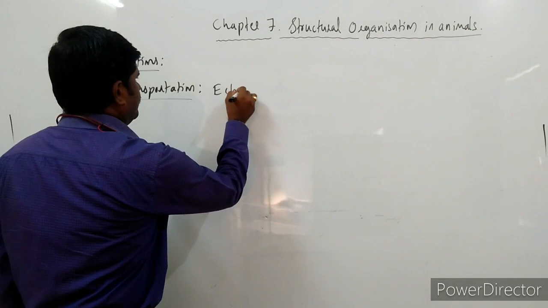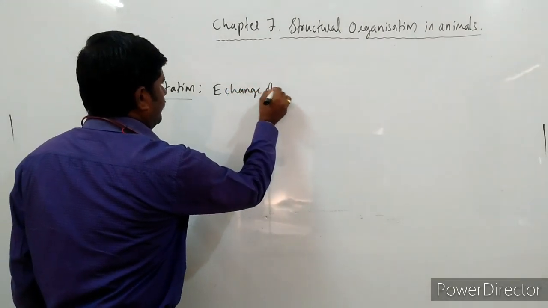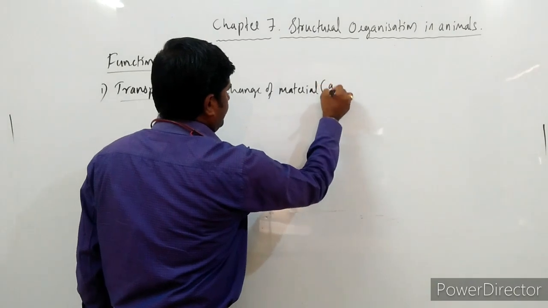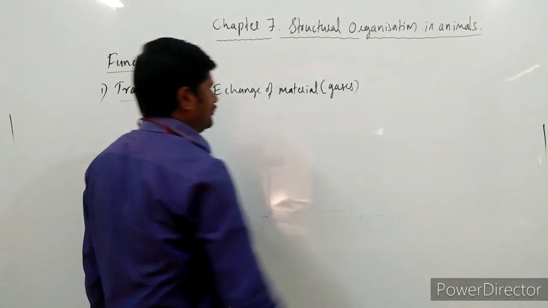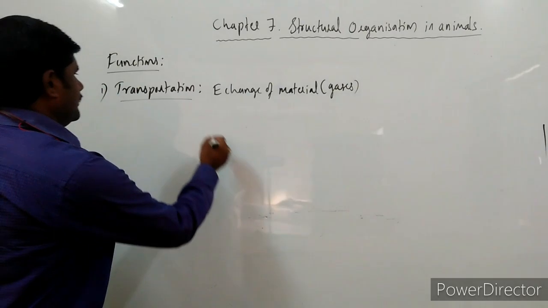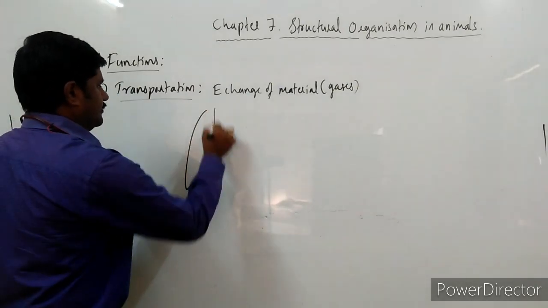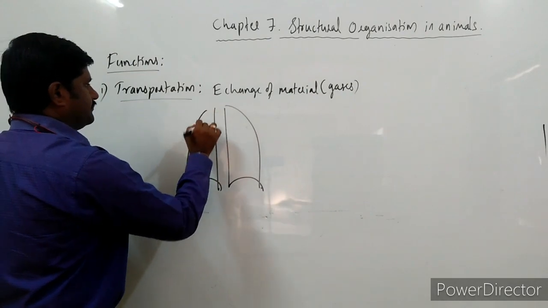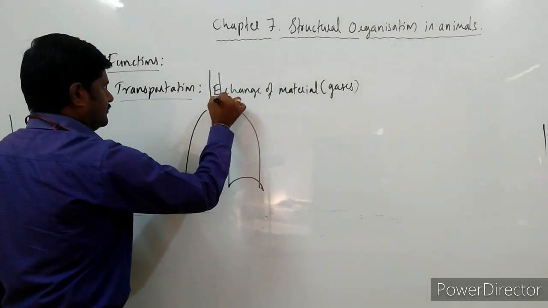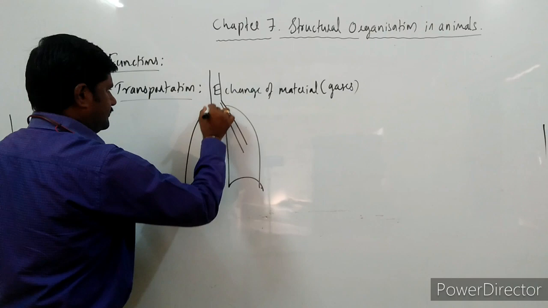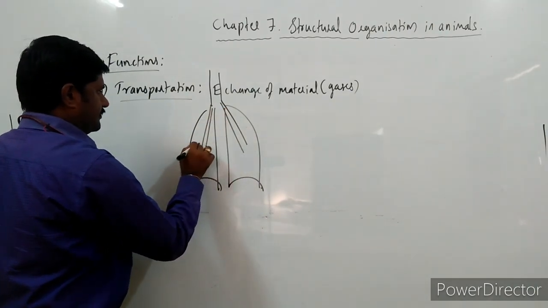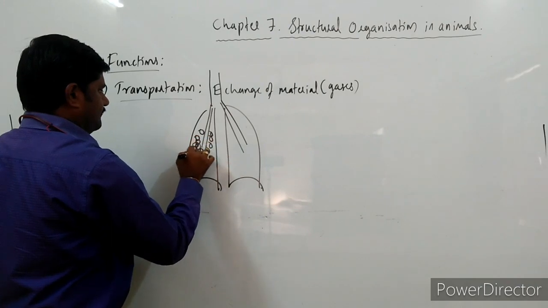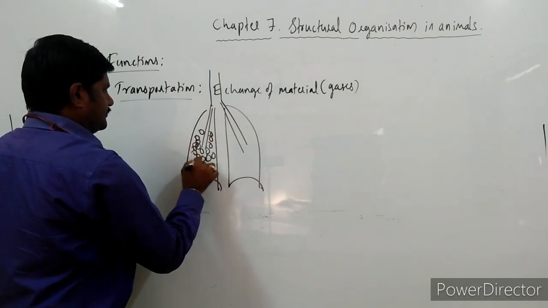Exchange of materials, especially gases, I am going to show here. So here is the lungs. Inside these lungs, you come across the bronchi, and then you will find the air sacs.